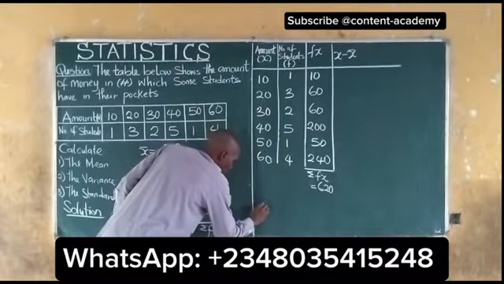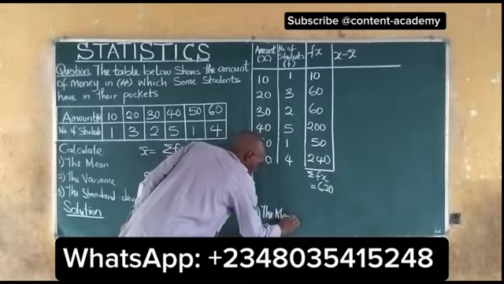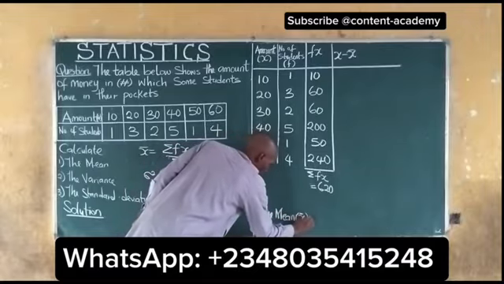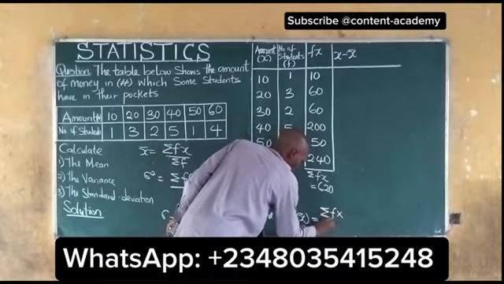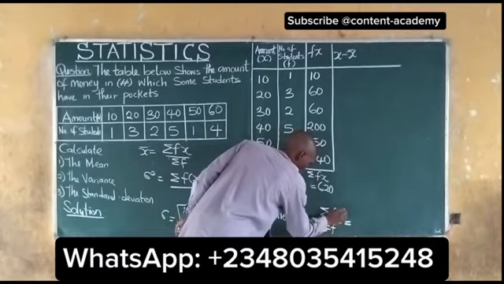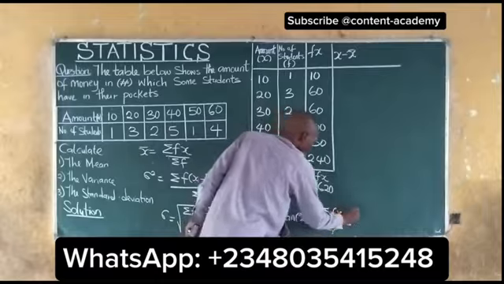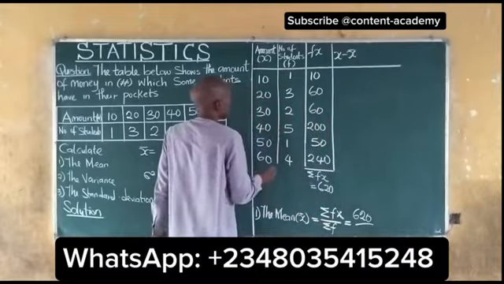1. The mean, which is x bar, is equal to summation of f of x all over summation of f. So summation of f of x is equal to 620. And what do we have as summation of f?